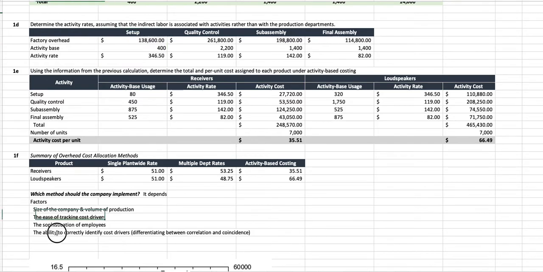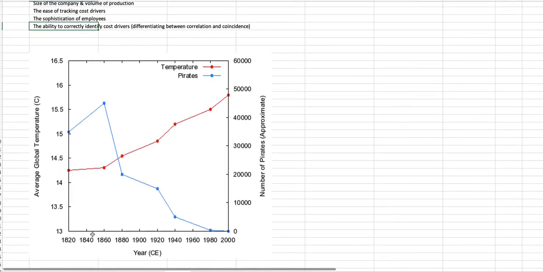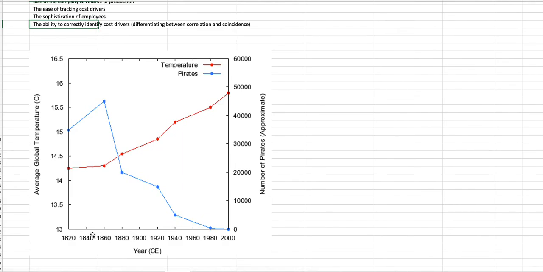So we need to understand the importance of differentiating between correlation and coincidence. And on that note, I'm just going to scroll down to this chart, and we'll talk about this chart really quickly. In this chart, you can see that starting in the year 1820 and moving all the way through the year 2000, we notice that the number of pirates decreases as the years move on.